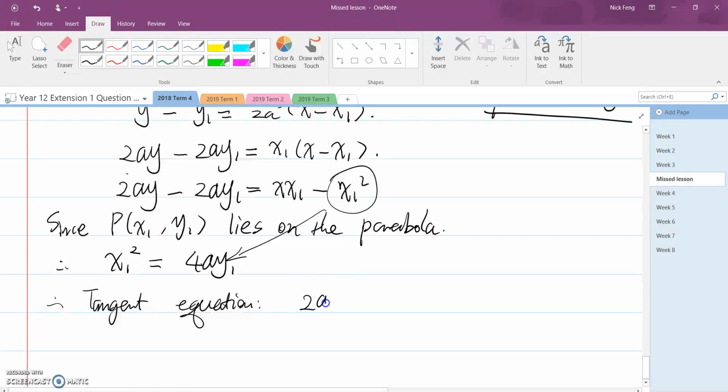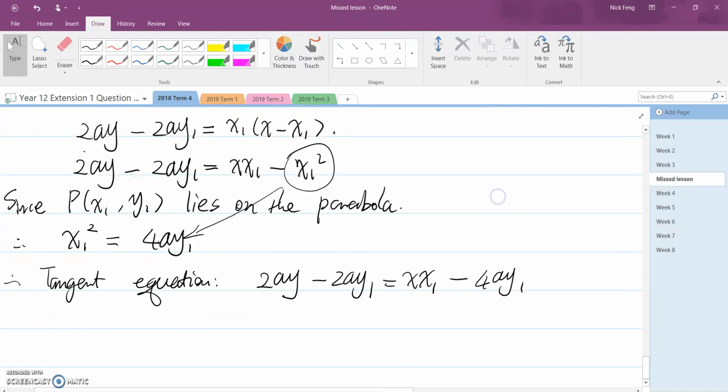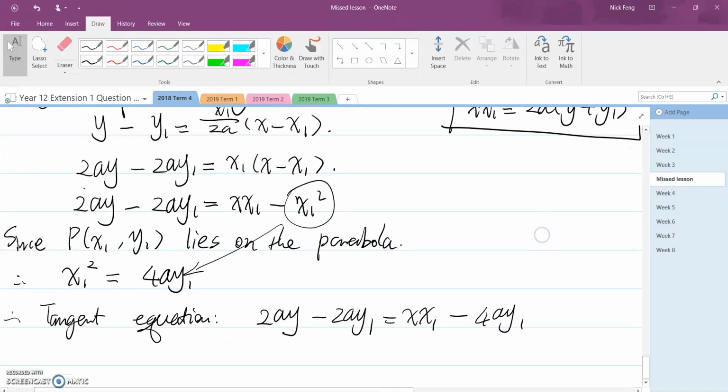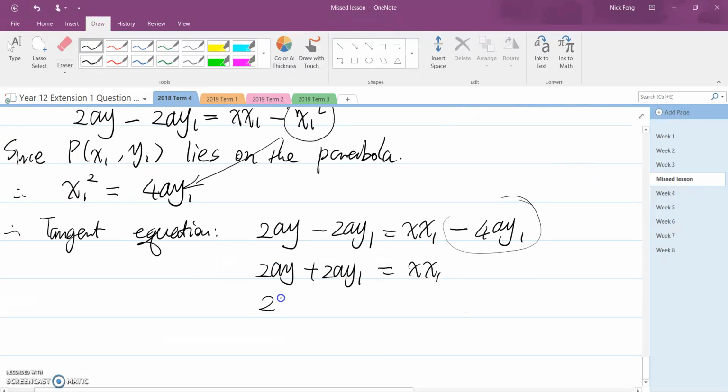becomes 2ay minus 2ay1 equals xx1 minus 4ay1. And now the question just asks us to make xx1 on one side. Now I move this part to the right hand side. That will give us, minus becomes plus, 2ay plus 2ay1 equals xx1. By taking that 2a out, we get exactly what we need.